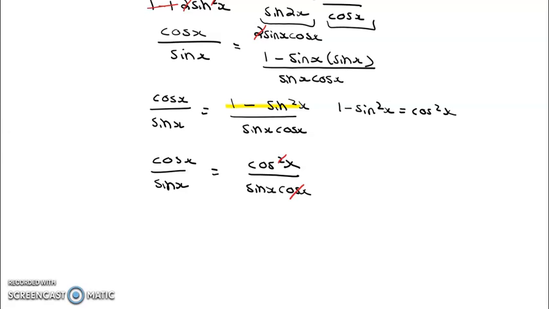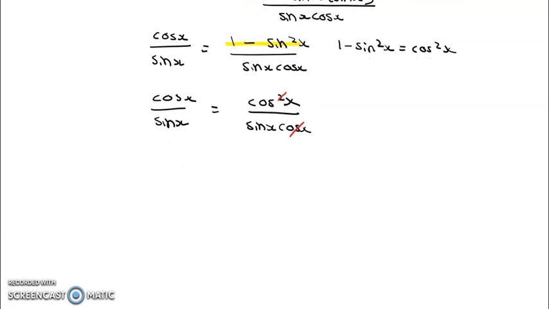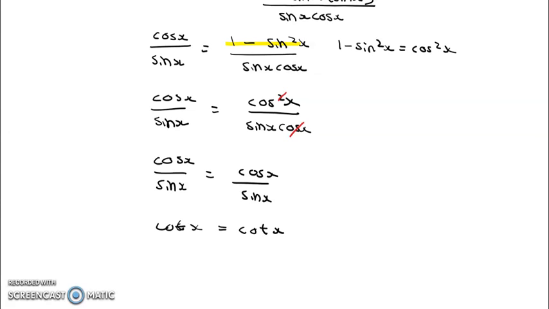And cancel cosines, then I'm left with cosine x over sine x, which is cotangent x, equals cotangent x. So my left side equals my right side. I have proven it.